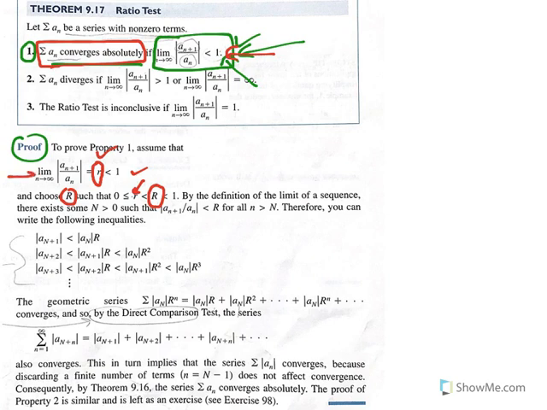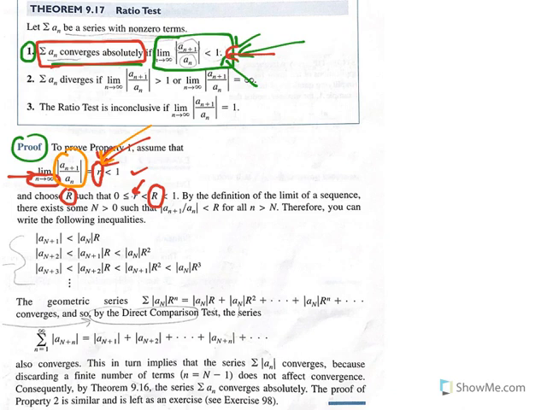So what does it mean for this limit to be equal to lowercase r? It means that as n gets larger and larger, this quotient will get closer and closer to the limit lowercase r.